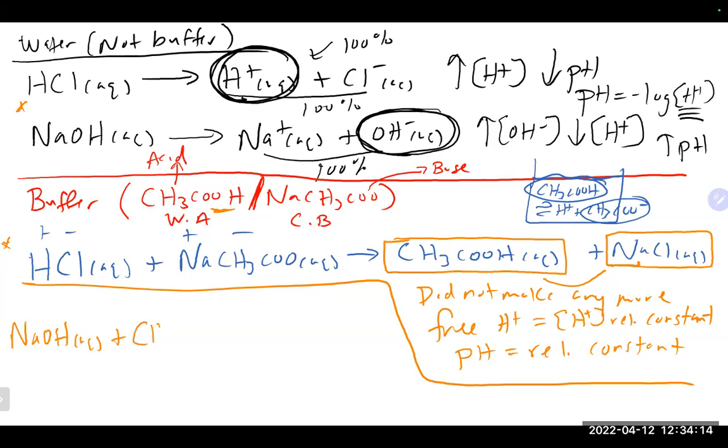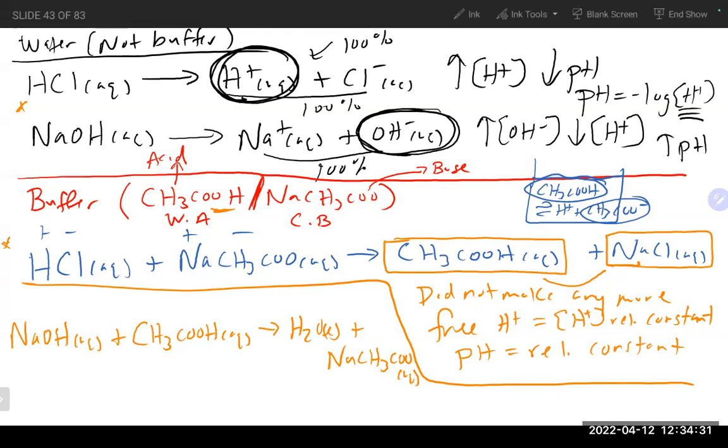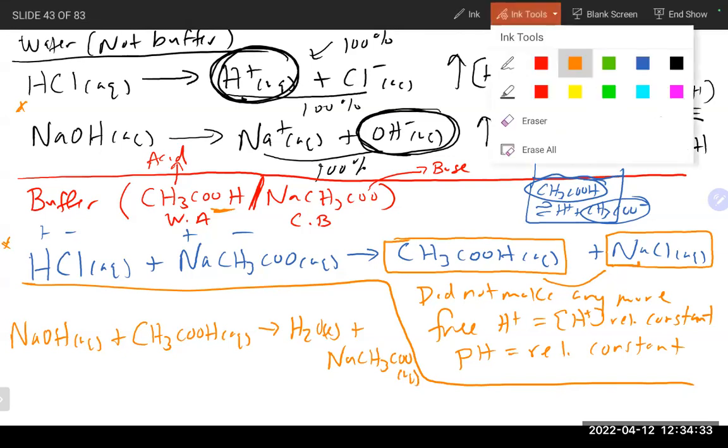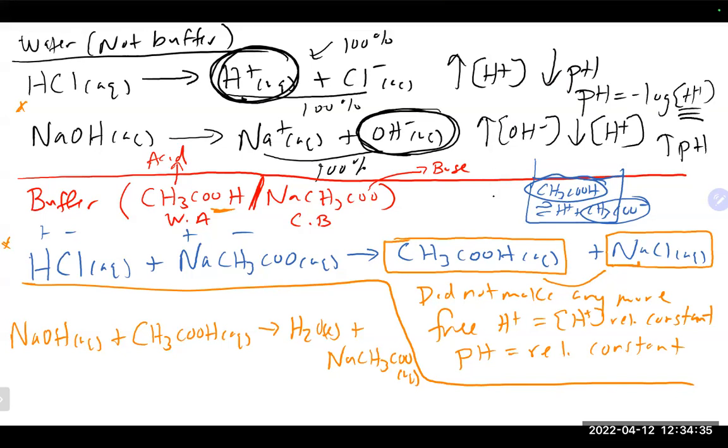And we're going to get a basic acid-base reaction that's going to occur here, which means we're going to create water and some sodium acetate. Now, when we look at this, we see a very similar thing to what we saw in the other reaction.